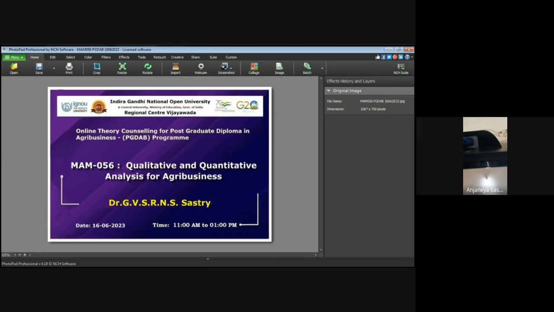In case of arithmetic mean, the formula is sigma mf by n. M means we have to calculate mid values. Mid values means lower limit plus upper limit by 2. 40 plus 49 by 2 is 44.5. 50 plus 59 by 2 is 54.5. 60 plus 69 by 2 is 64.5, like that.